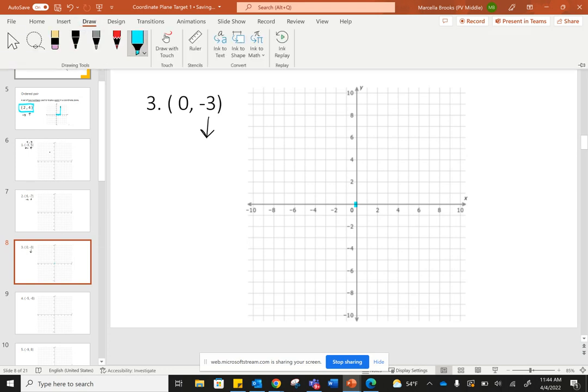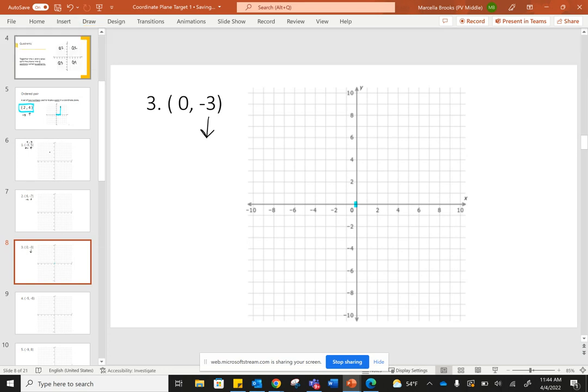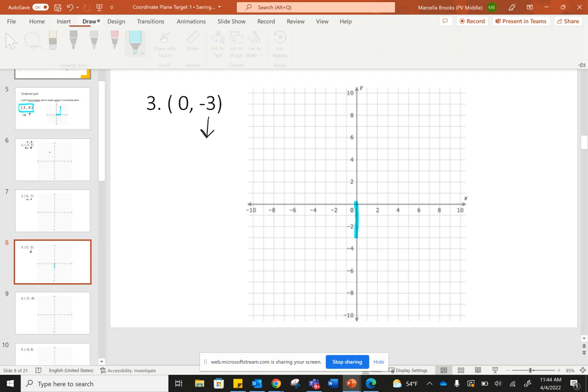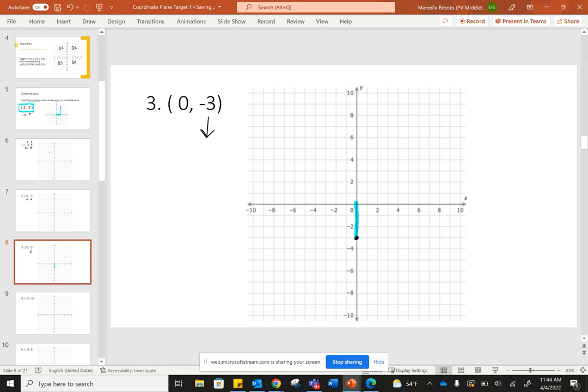So I go to the origin, I'm at 0, 0. I'm going down to 0, -3. So there's -1, -2, -3. And the line is going to go actually on the y-axis. Okay? Right here. So that's what 0, -3 looks like.